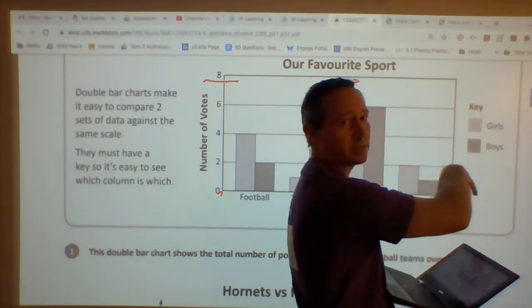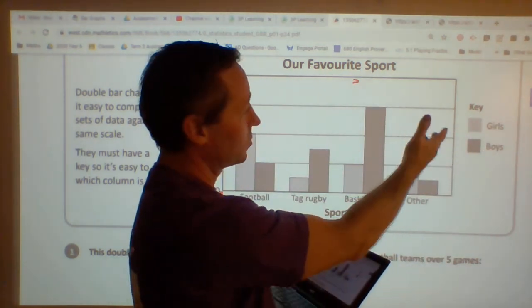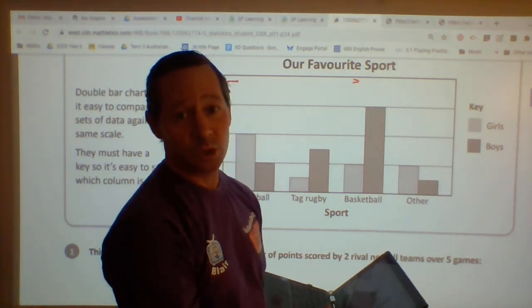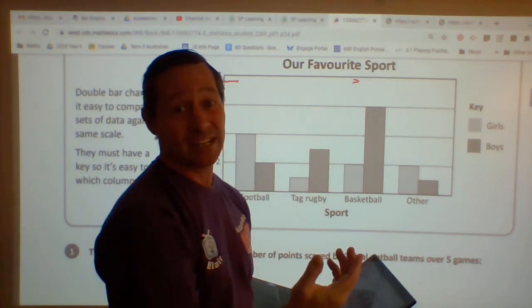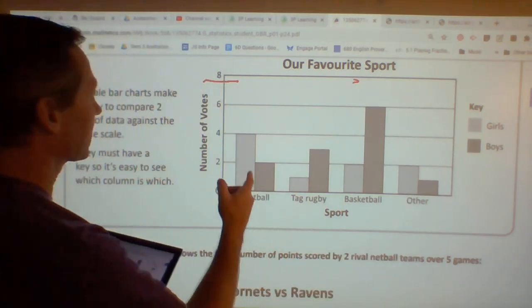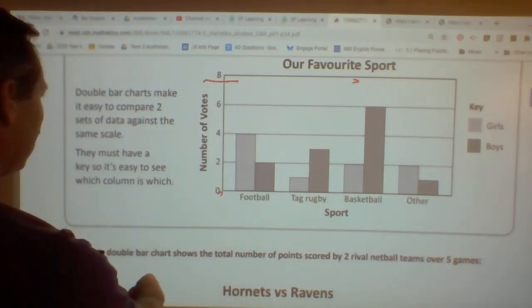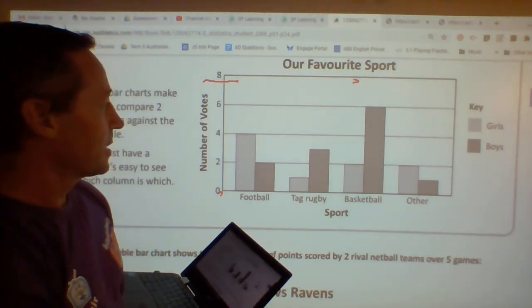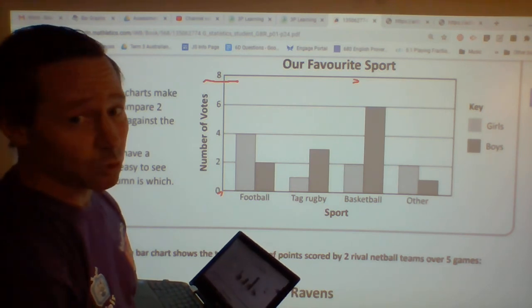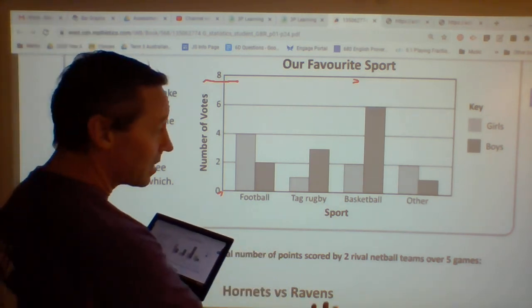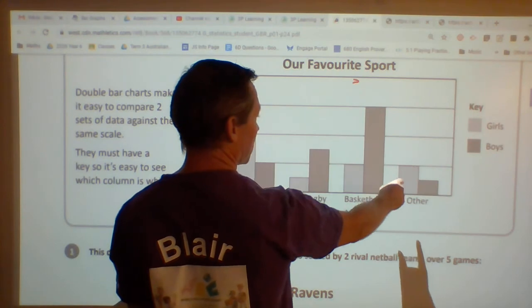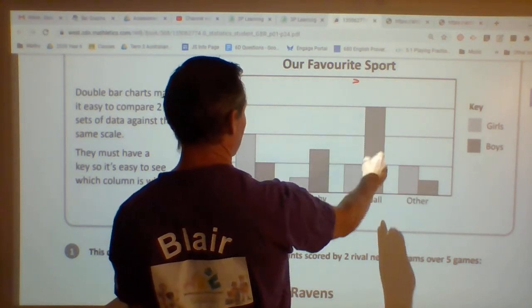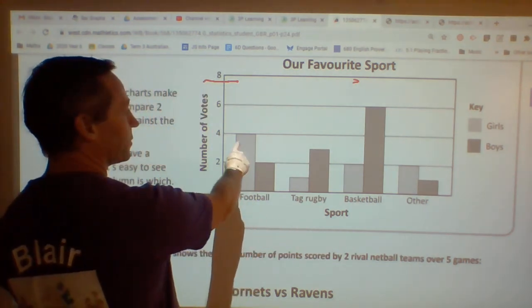So in this case, this category, or the key, is based on gender, boys or girls, so that would be gender. Okay? So along here, I now say, looking at which one of these would you say is the most popular sport? I'm just asking this question. Most popular, I can see that the most popular in the boys would be basketball. The most popular in the girls seems to be football.